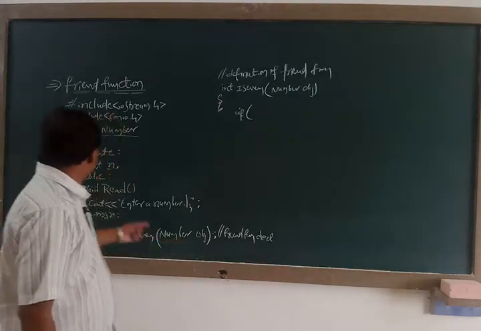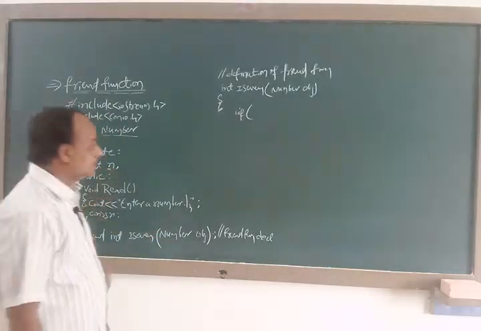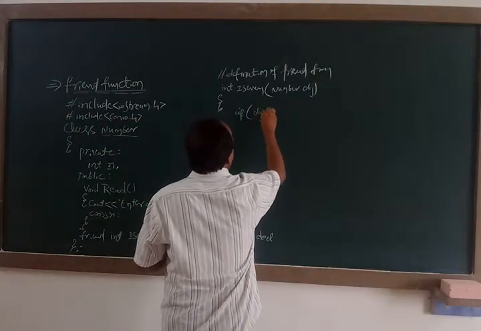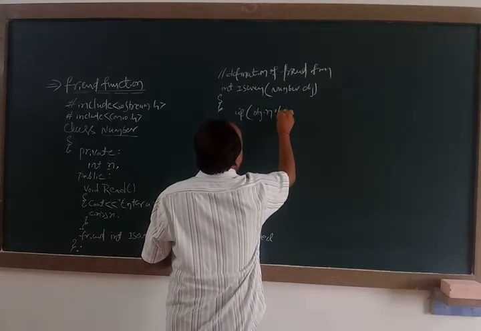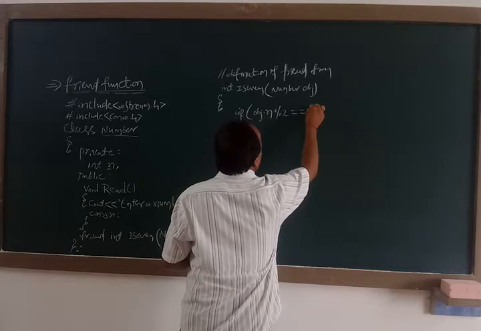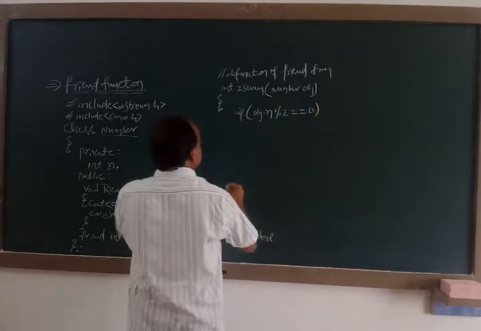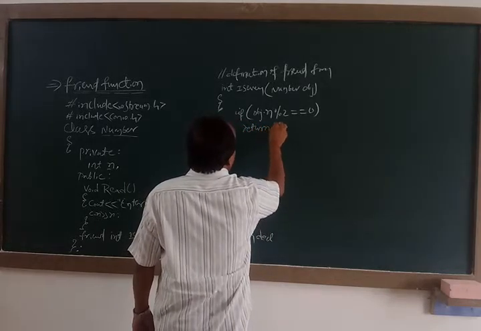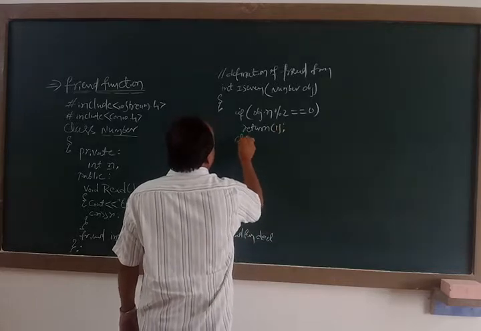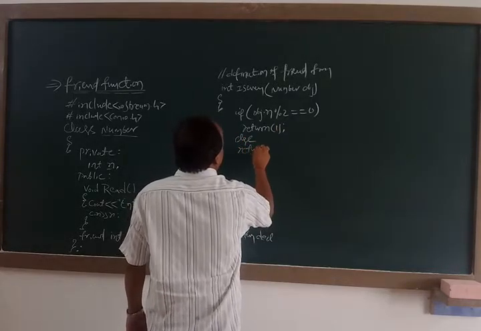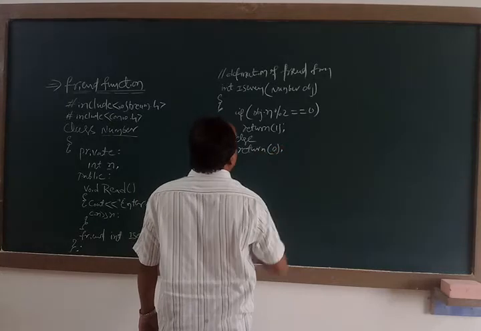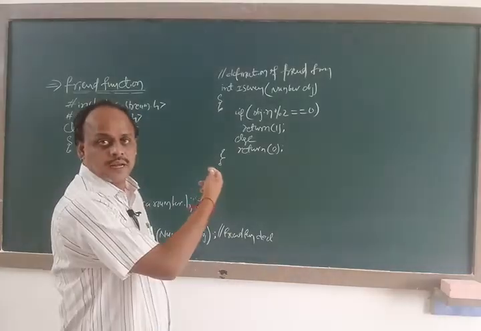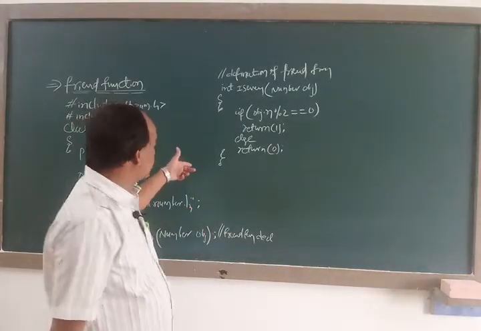We have to take this n, and how to take that n: obj.n mod 2 is equal to 0, then return 1, else return 0. Now close the definition. First I am going to write the main program, afterwards I am going to explain it.